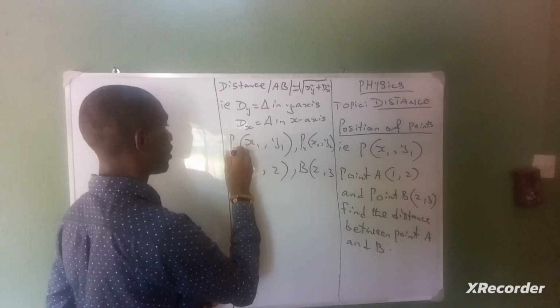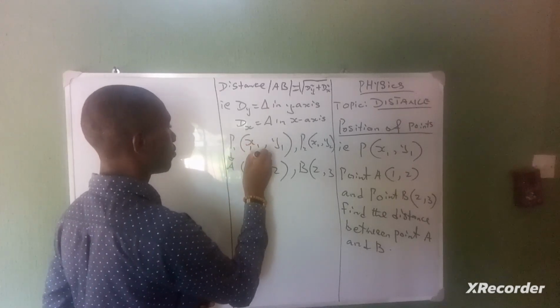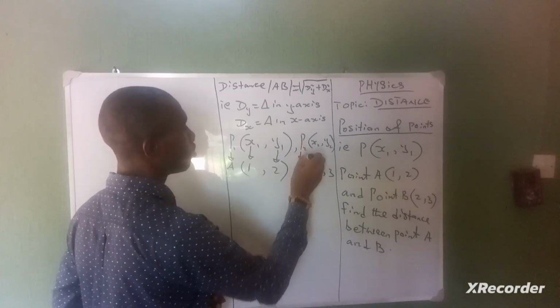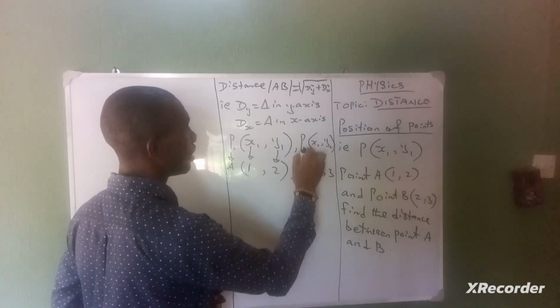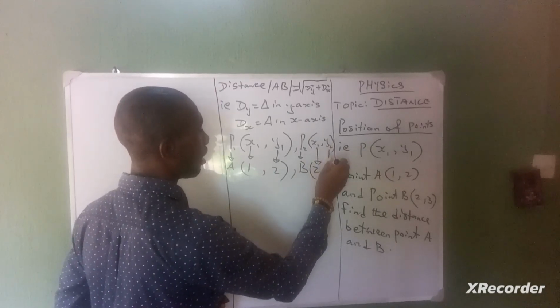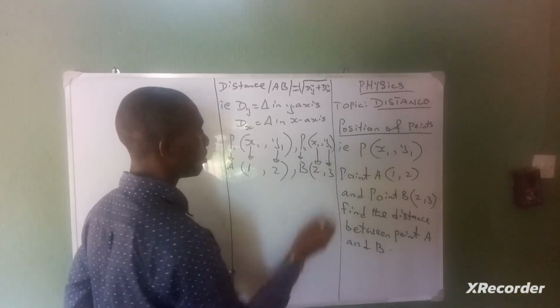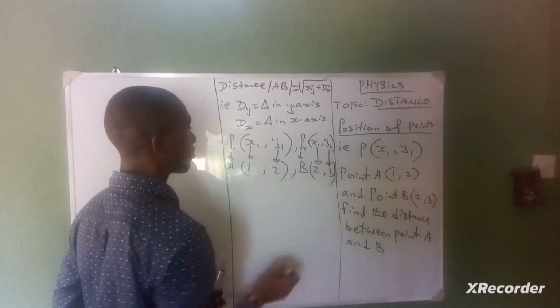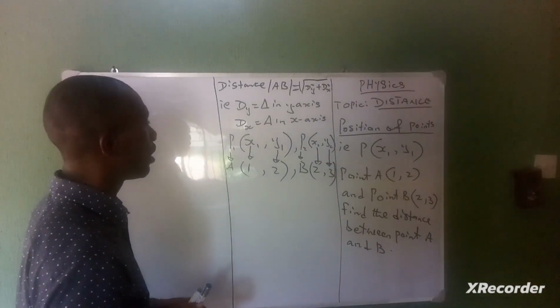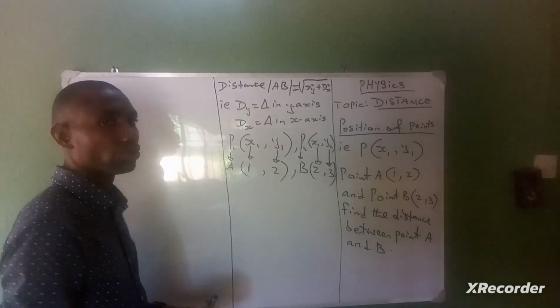So when we take it like this to identify the positions of points, our P2 represents B, then our x2 will be 2, and our y2 will be 3. And here our x1 is 1 and our y1 is 2.